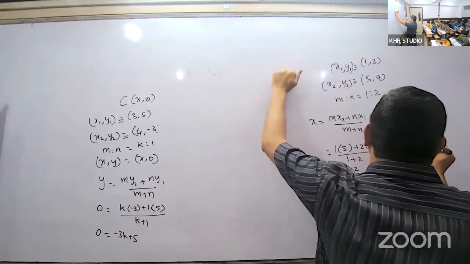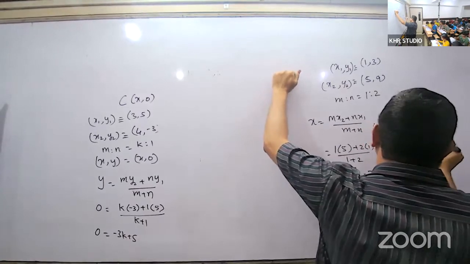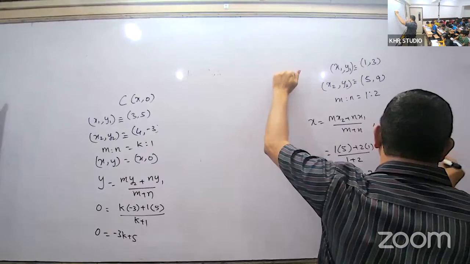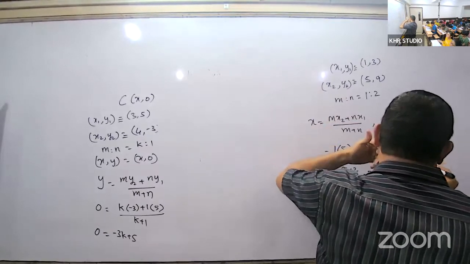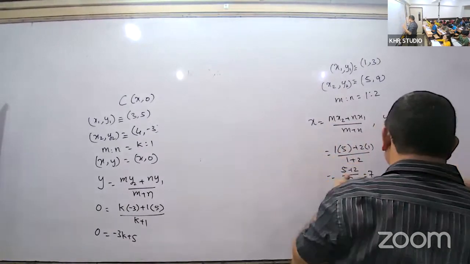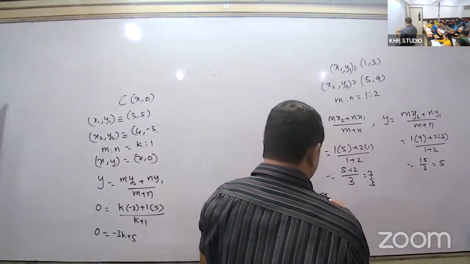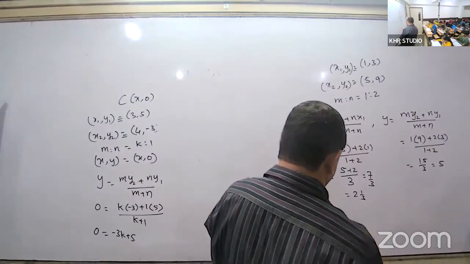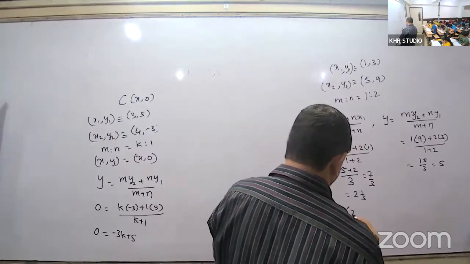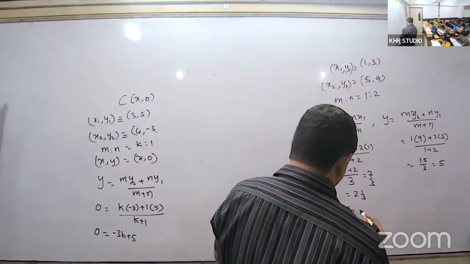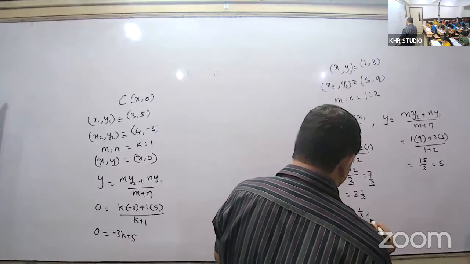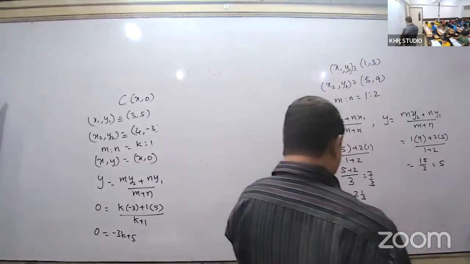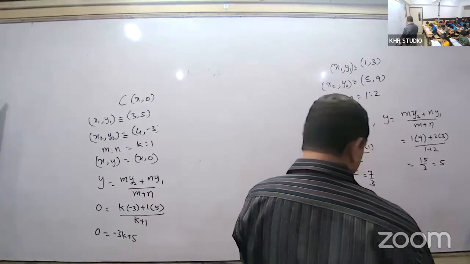Then 1 into 9 plus 2 into 3 divided by 1 plus 2. So what is the answer? It is 7 by 3. Yes, that is 2 1 by 3 comma 5.